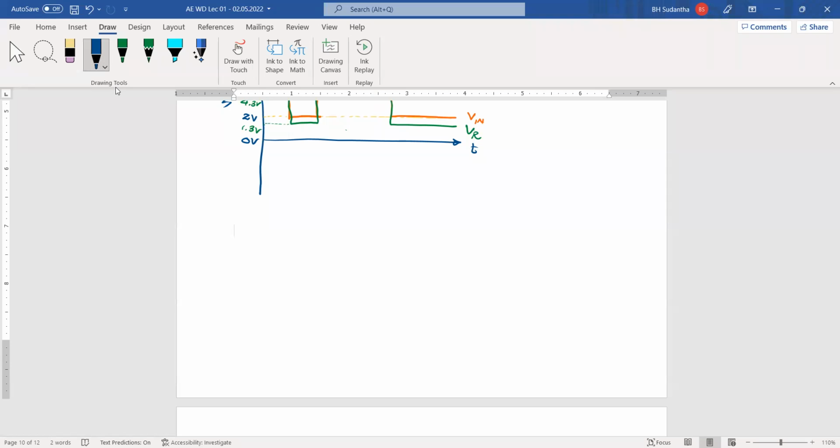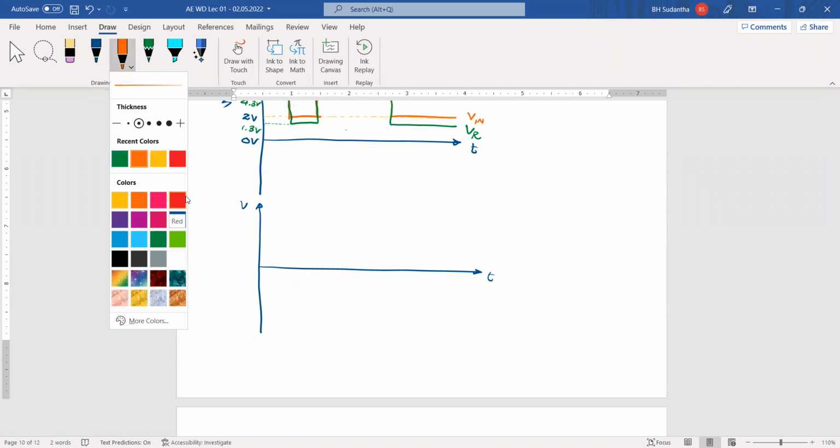Okay, now let's think about this one. Now we apply a voltage something like this.